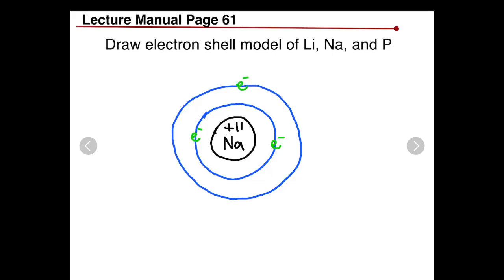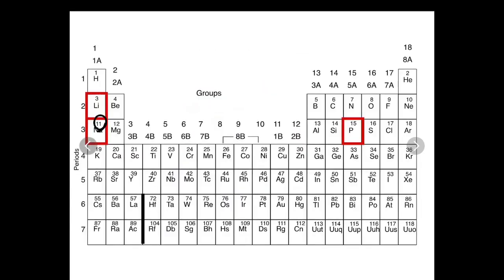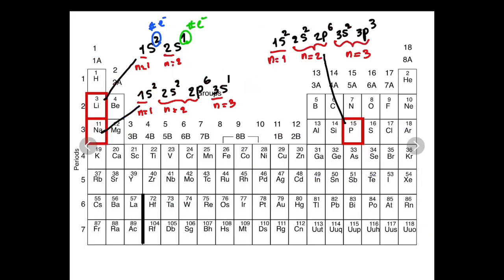It's 1, 2, 3, 4, 5, 6, 7, 8. So how did I get 8? If you go back here, 8 comes from 2 from the 2s and 6 from the 2p. These are in the same main energy level. Add together, you're going to get a total of 8 electrons in main energy level 2.